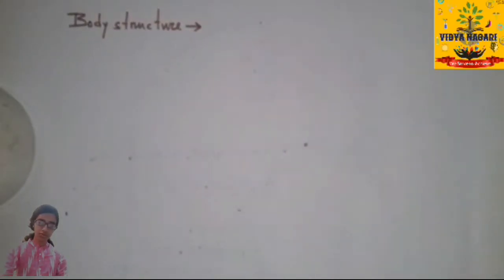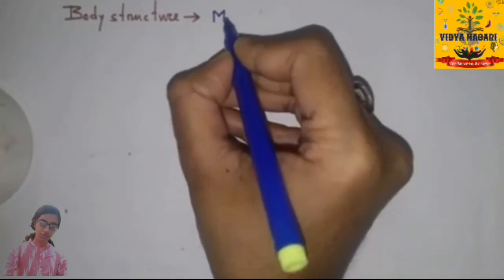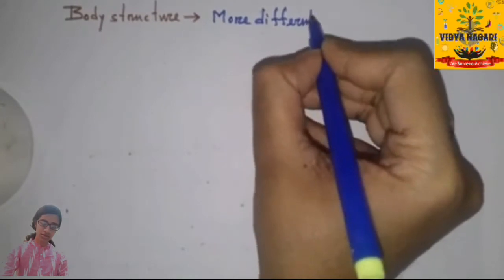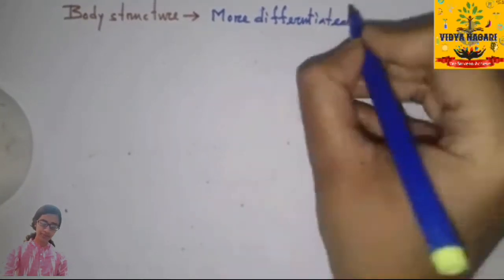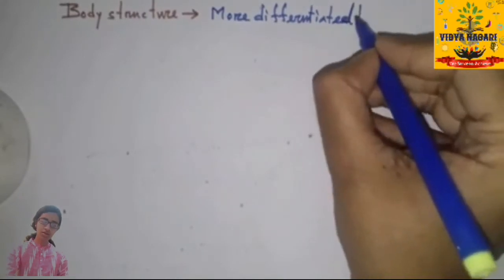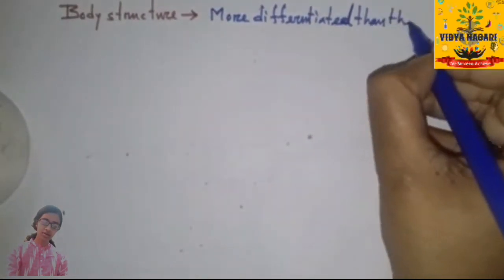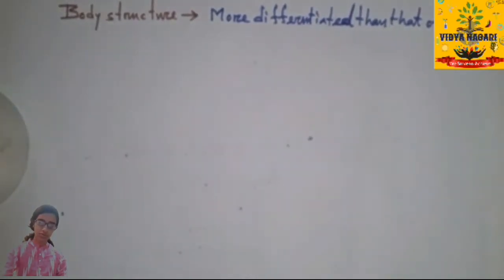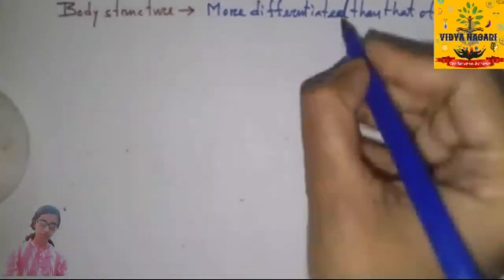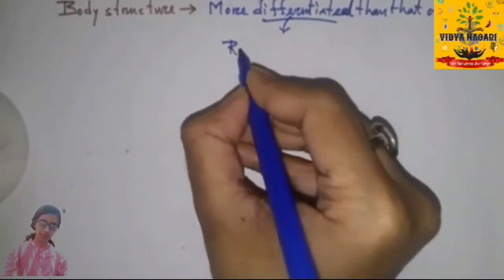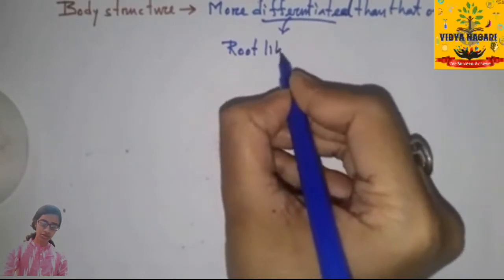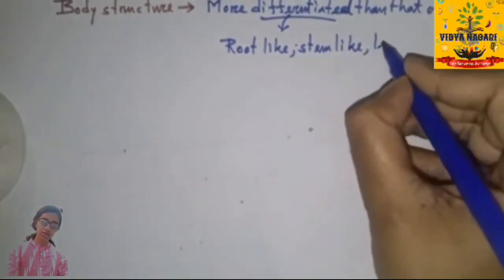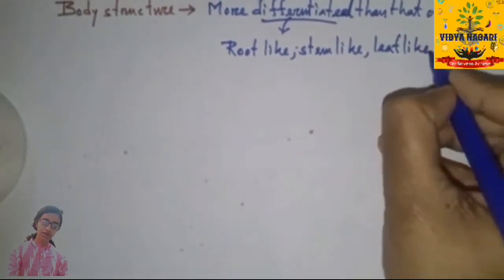Now their body structure. Their body structure is more differentiated than that of algae, because they have root-like, stem-like and leaf-like structures.